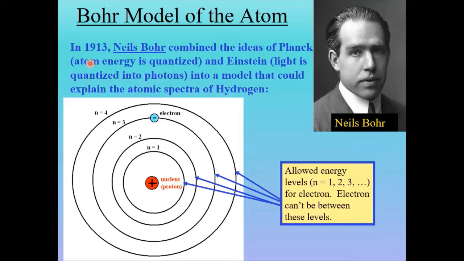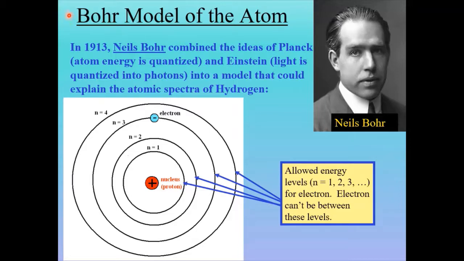So putting these ideas together, in 1913, the great Danish physicist Niels Bohr combined these two ideas into a model that could explain the atomic spectrum of hydrogen. And so this is called the Bohr model of the atom. And Bohr won the Nobel Prize for developing this model.